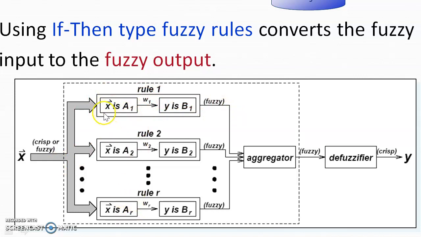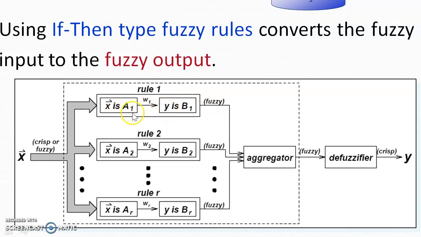You can see that rule number 1 says if x is a1, that is the antecedent part, then the consequent part follows, that is, y is b1. Here x is one linguistic variable, the input variable, and y is another linguistic variable, maybe the output variable.